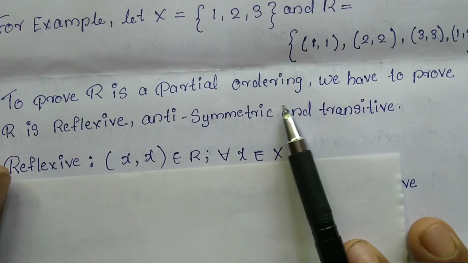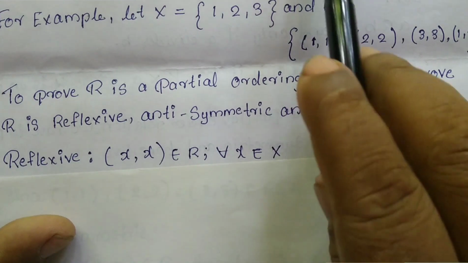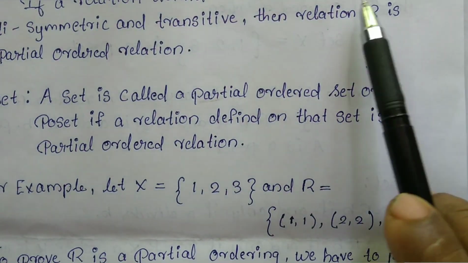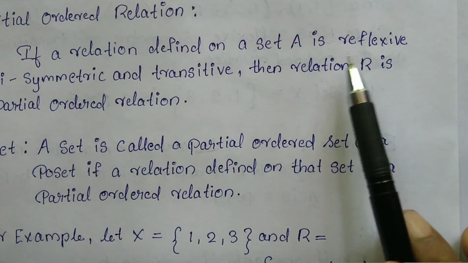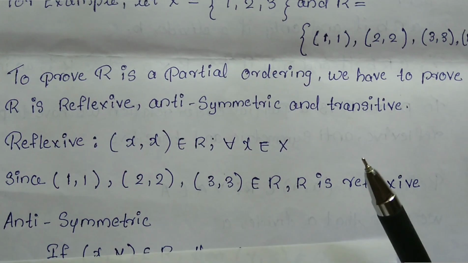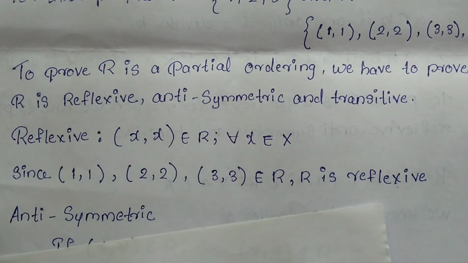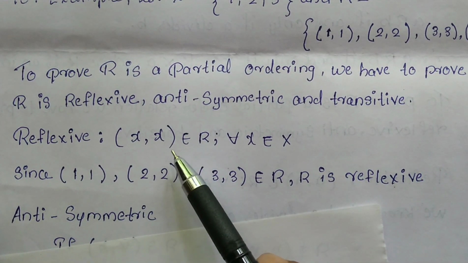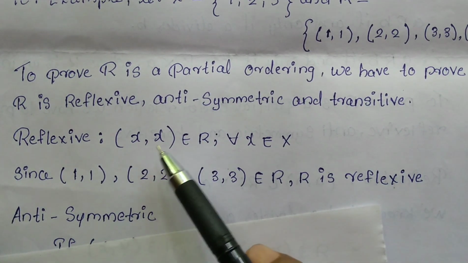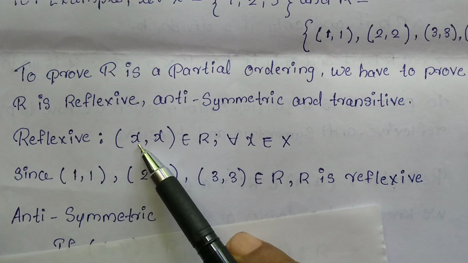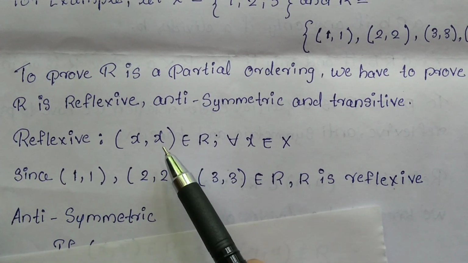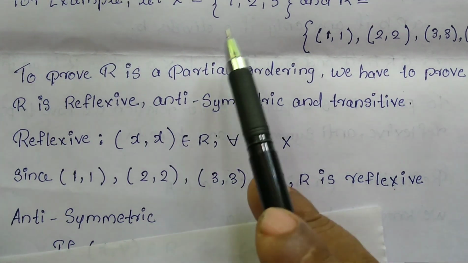So what is the first one? The first one is reflexive. So what is the definition of reflexive? Reflexive is X related to X. That is, the elements should be the same. If the first is X, the second one should be X. Here 1,1.